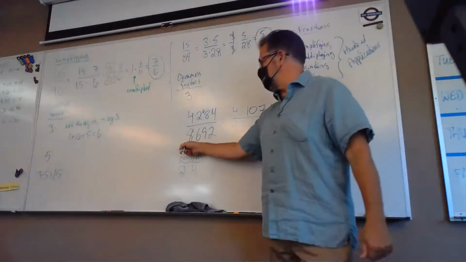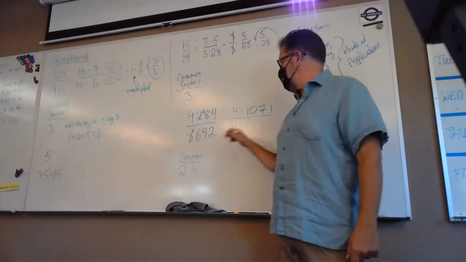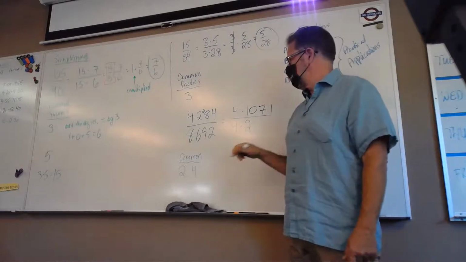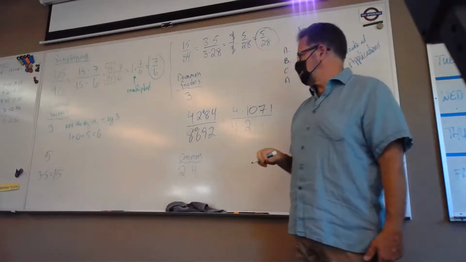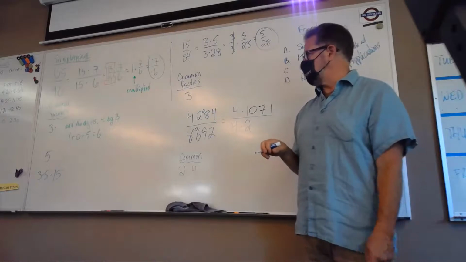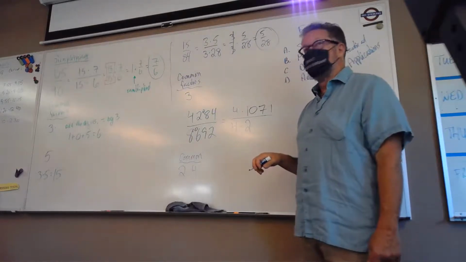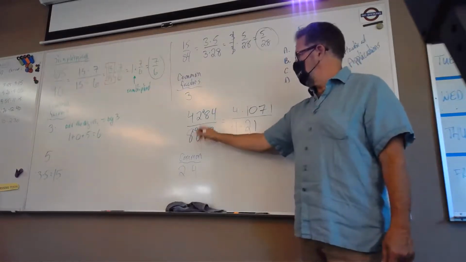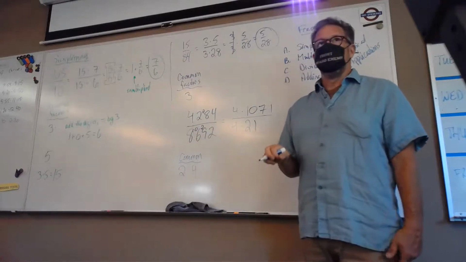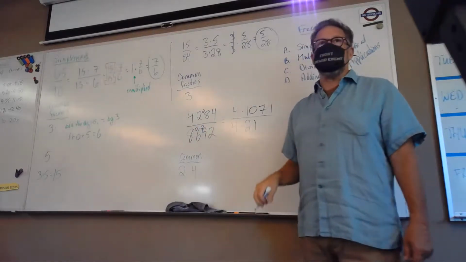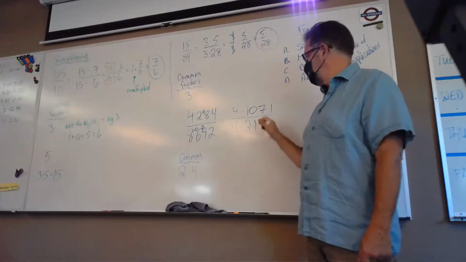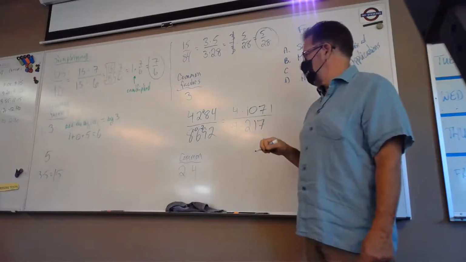Isabella, 4 goes into 8 how many times? Twice. Remainder? 0. Bryce, 4 goes into 6 how many times? Remainder? Ethan, 4 goes into 29 how many times? 7 times. Remainder? 1.